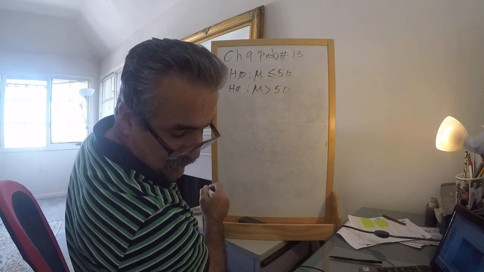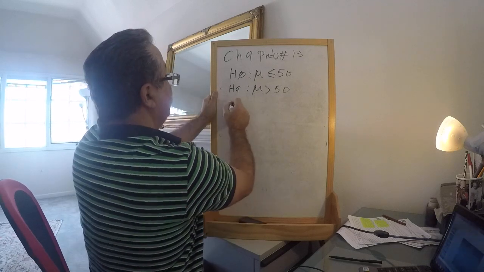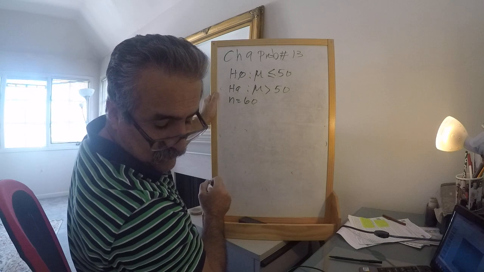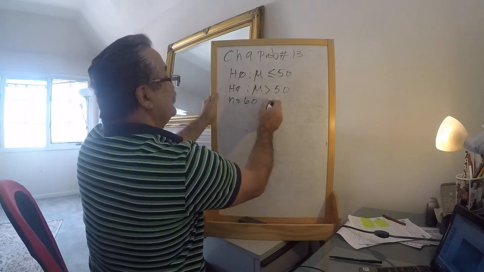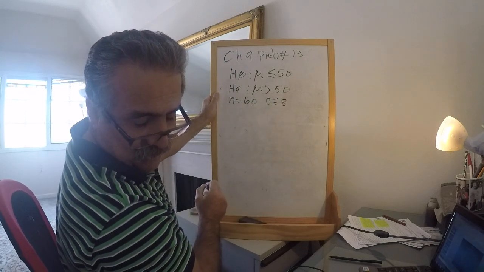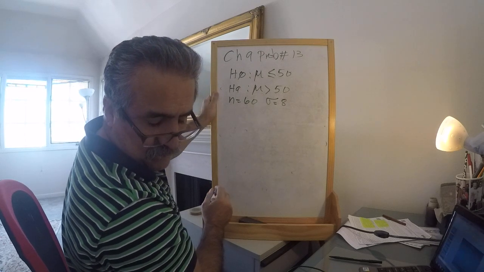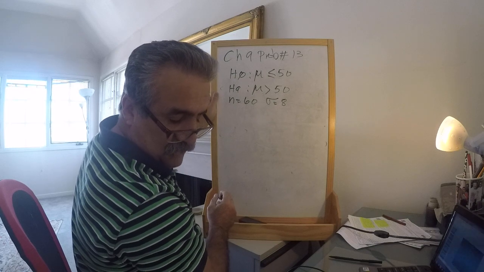Part A, a sample of 60 is used, and the population standard deviation is 8. Sigma is equal to 8. Use the critical value approach to state your conclusion for each of the following sample results. Use alpha equal to 0.05.